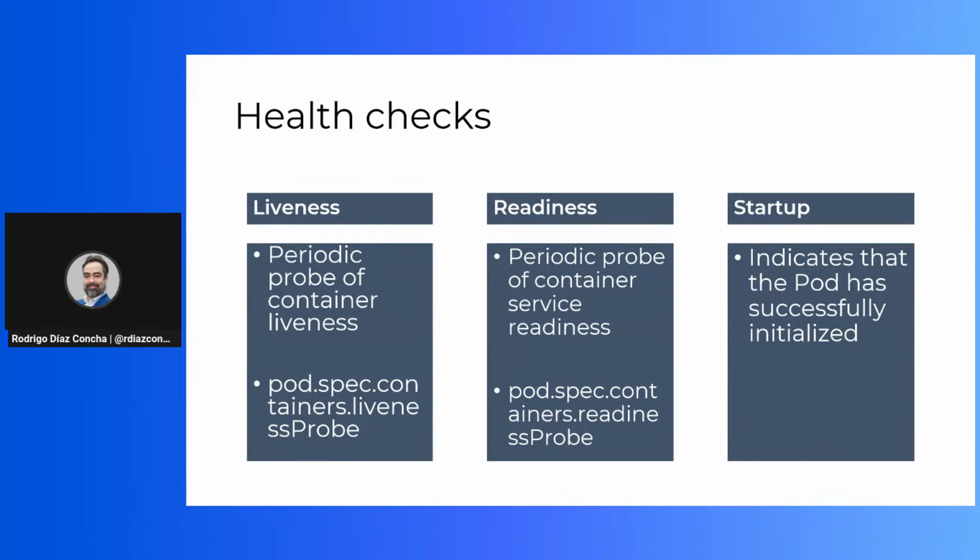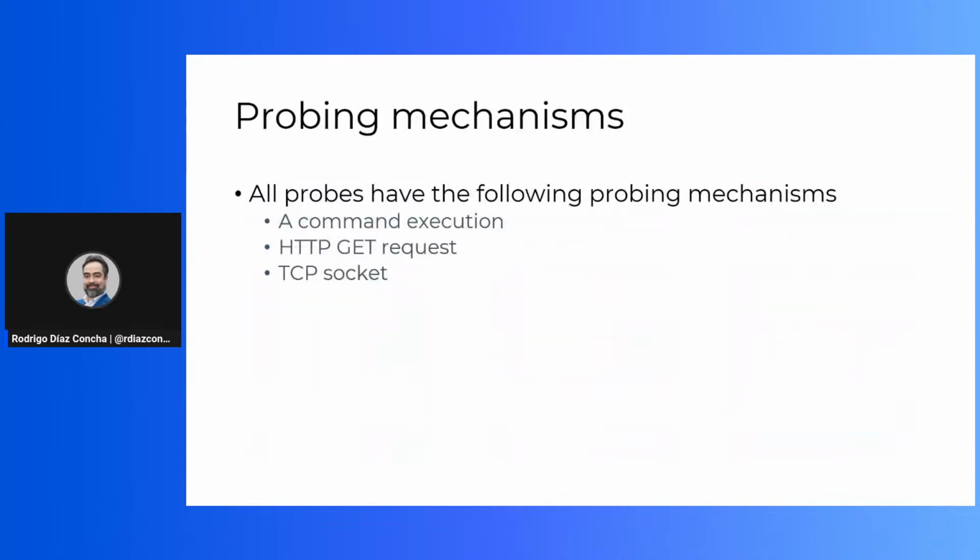And those different health checks use different probing mechanisms, such as a command. In other words, you can execute a command when you want to do something about the health of the object, or you can execute an HTTP GET request or a TCP socket request. Okay, those are the different probing mechanisms.